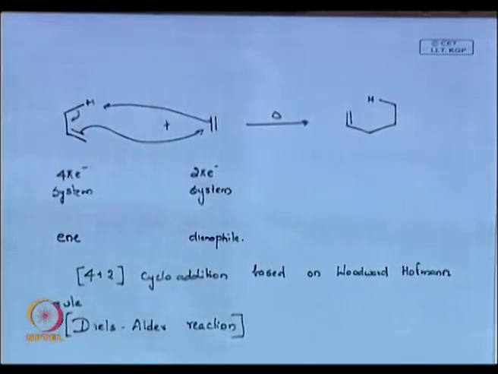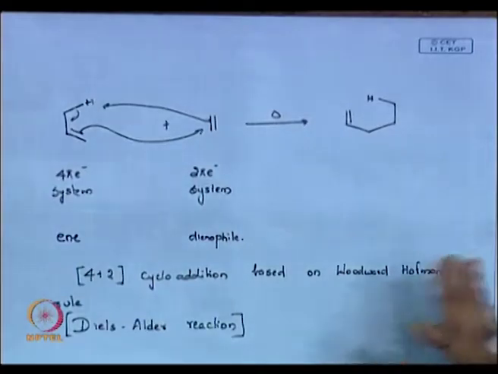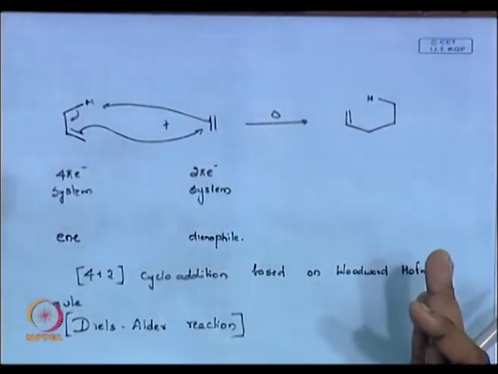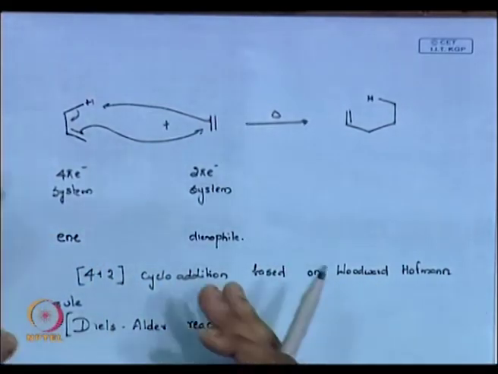So, you can look at your Ene reaction as a 1,5 hydrogen shift mechanistically, and in another way, with respect to substrates, you can look at this reaction more like a 4 plus 2 cycloaddition similar to your Diels-Alder reaction. Two ways of looking at this Ene reaction. It has some similarity with your 1,5 hydrogen shift, it has similarity with your Diels-Alder reaction. Clear? Okay.